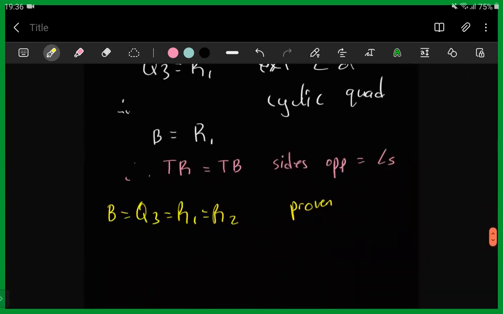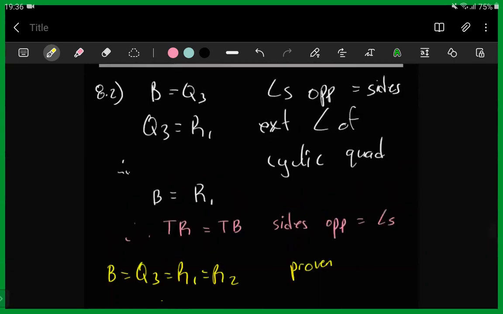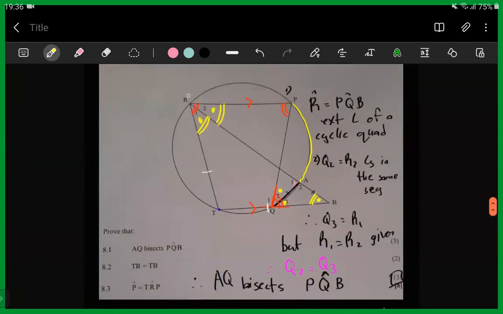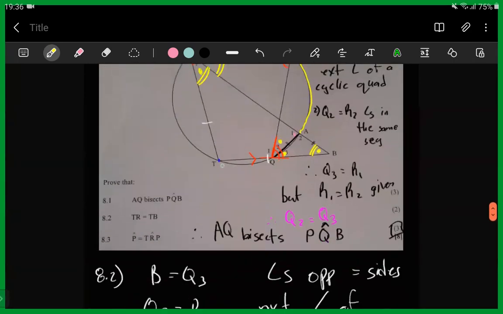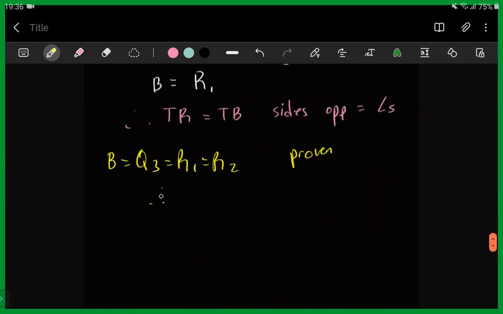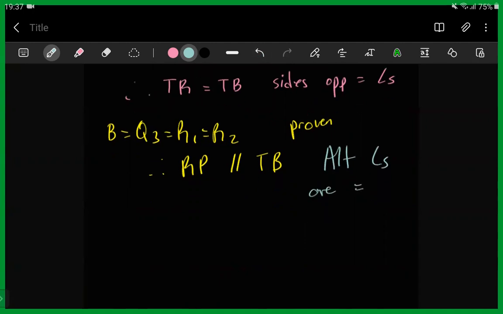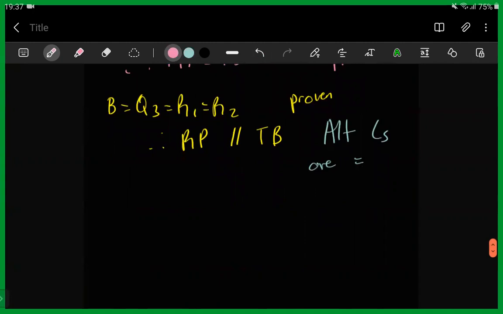So now you can say, therefore, the line RP is parallel to TP. The reason for that is alternating angles are equal. Remember, alternating angles are all about a zigzag effect.